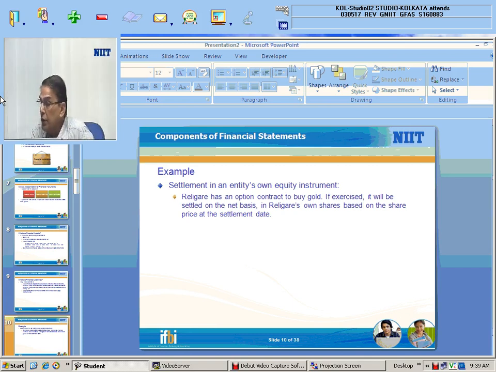It will be made in Religer's own shares based on the share price at the settlement date. So the settlement amount is, let's say, 5 lakhs, which is calculated on the net basis. Then 5 lakhs have to be paid by Religer by issuing equity shares in favor of the option contract holder, based on the share price of Religer on the settlement date. So this is a settlement in an entity's own equity instrument. Example of that.